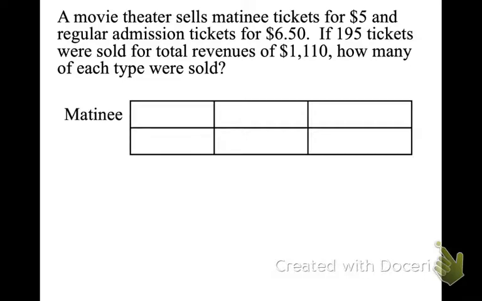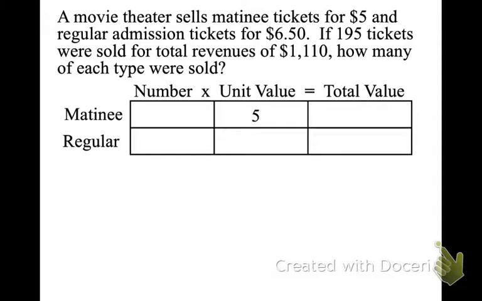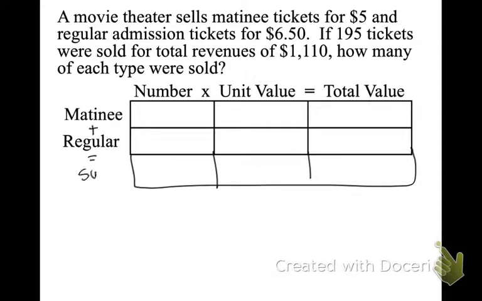So we've got matinee and regular that we're comparing. It's the amount times the money. I would just do your three-way box as usual. We're adding, going up and down, and it's a sum. Remember, we called this amount times the money is equal to the product. Okay.